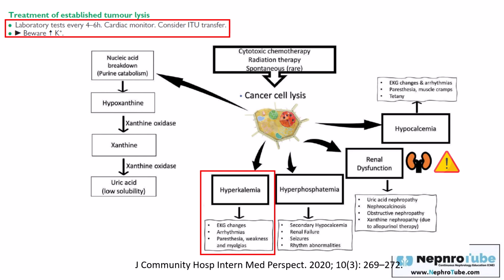But for now, if there are ECG changes, you have to use calcium gluconate to protect the heart from hyperkalemia. Then you can use other measures to decrease potassium level in the blood, such as sodium bicarbonate, insulin and glucose, cation exchange resins, diuretics maybe, and finally maybe dialysis. But we will talk in depth about hyperkalemia and its treatment in the course of electrolytes and acid-base disturbances.